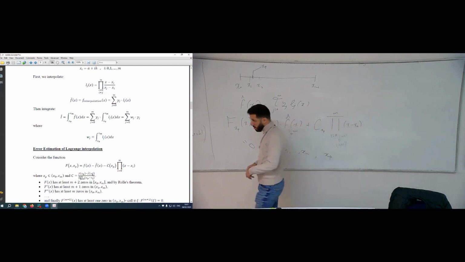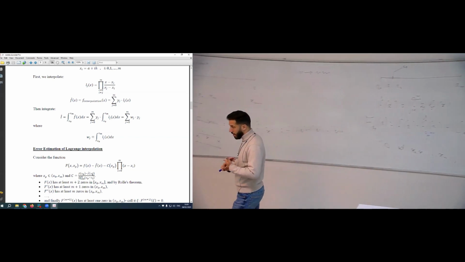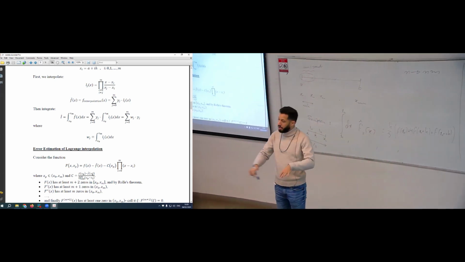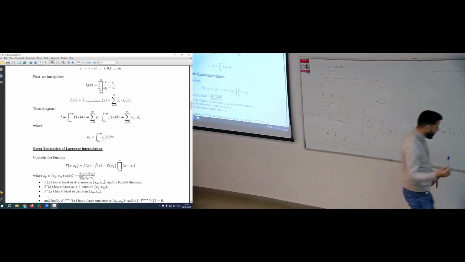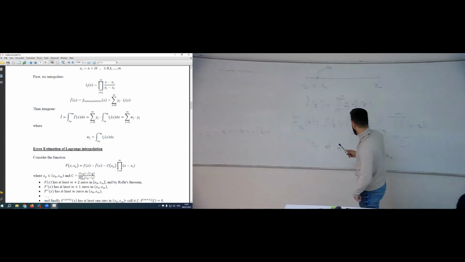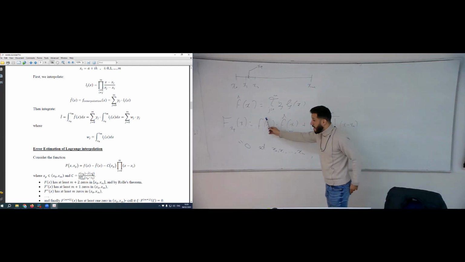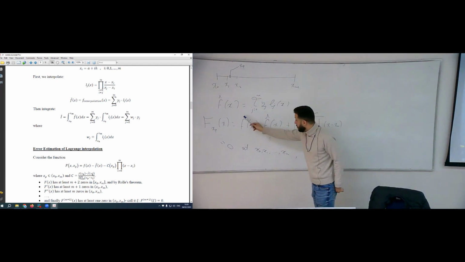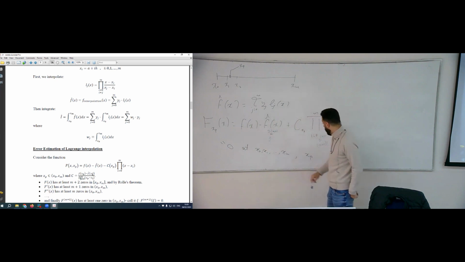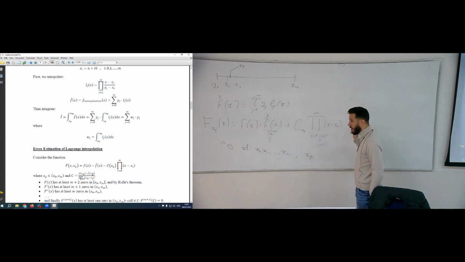So I know that there exists a point psi at which the n plus 1 derivative of this minus 0 plus this equals 0.